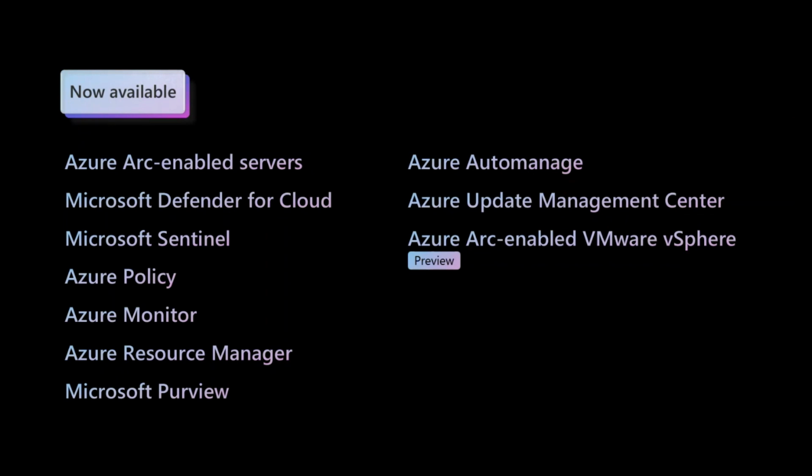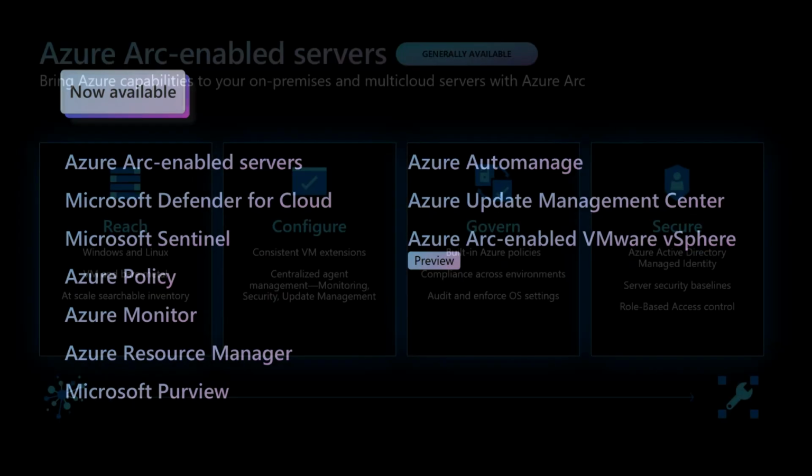It's running in preview. But if you Arc-enable your VMware-based distribution, you can manage the VM lifecycle and everything from the Azure portal itself, or you can use the same scripts or automations that you use to manage your Azure-based workloads on the Arc-enabled workloads as well.